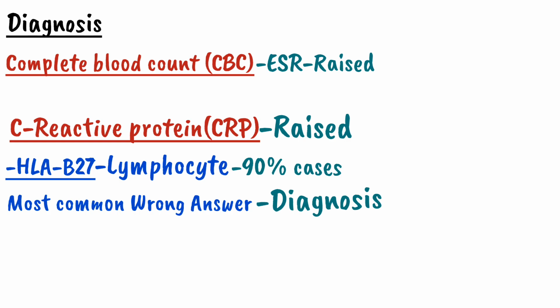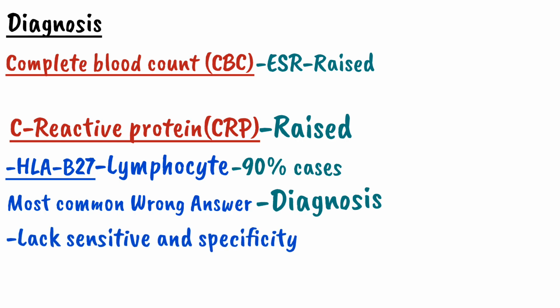About 90% of cases will have HLA-B27, but it lacks sensitivity and specificity because HLA-B27 is positive in a large amount of the population. So the large amount of the population who have HLA-B27 are not suffering from ankylosing spondylitis. So we usually do not perform this test and it lacks clinical significance.